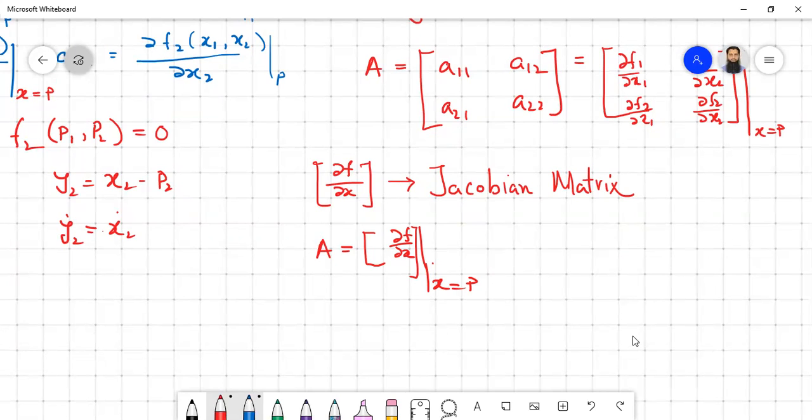Now, as we already said, near the equilibrium point the system's behavior is very close to the linear version of it. So we have a nonlinear system and an equilibrium point. Near the equilibrium point, if we linearize the equation, the behavior of the linearized equation will almost predict the nature of the behavior in the nonlinear system.